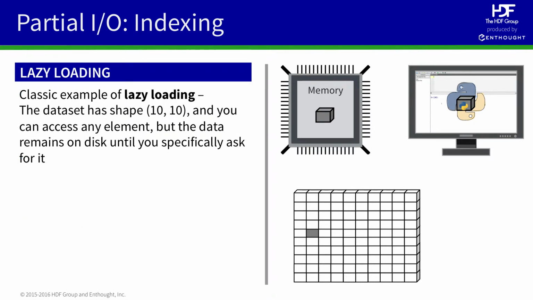In computer terms, this is an example of something called lazy loading. In other words, when you create a dataset object in HDF5, no data is actually loaded from disk. Only when you apply the NumPy indexing syntax does HDF5 actually go to disk, find the elements that it wants, and retrieve them. And although the dataset reports its shape as 10 by 10, all that information remains on disk until it's required.